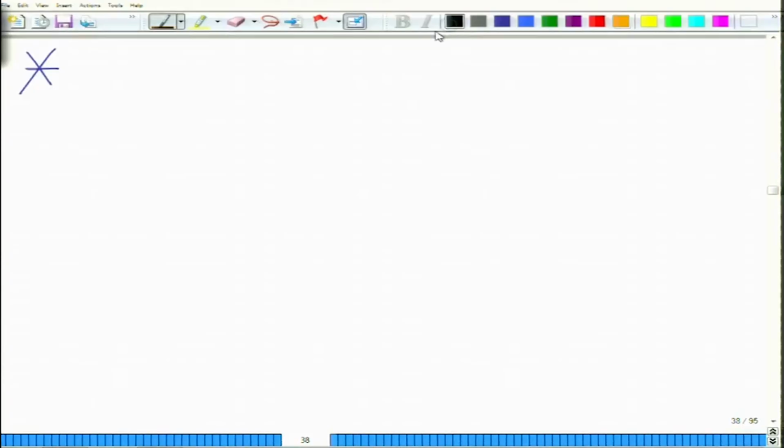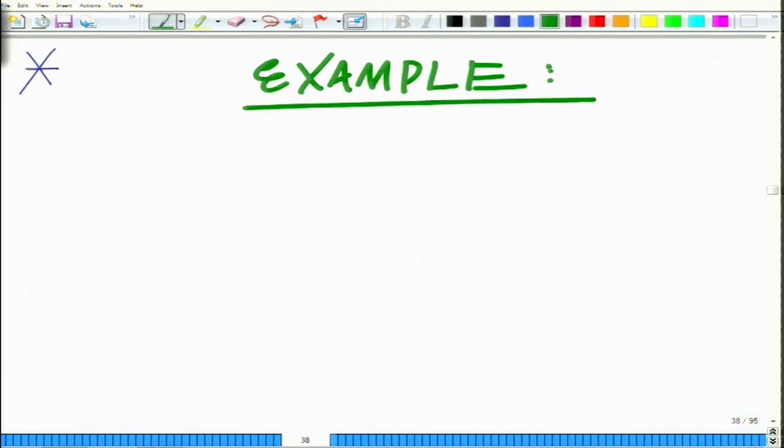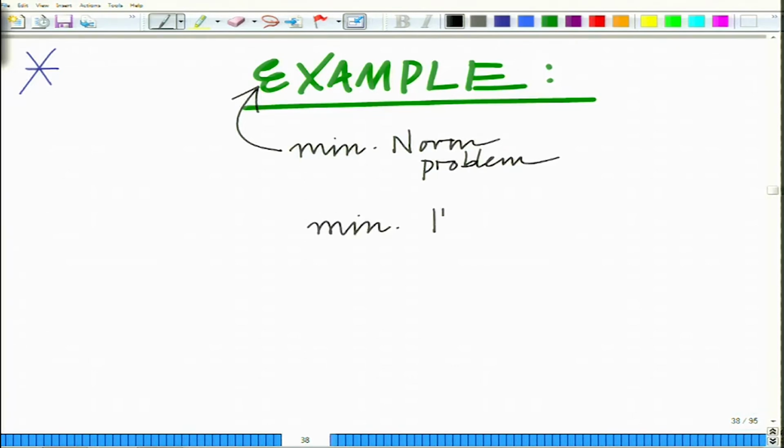Alright. So let us look at an example to explore duality. In particular, let us look at the minimum norm problem that we have seen so far. The problem is the following: minimize the norm of a vector x bar.